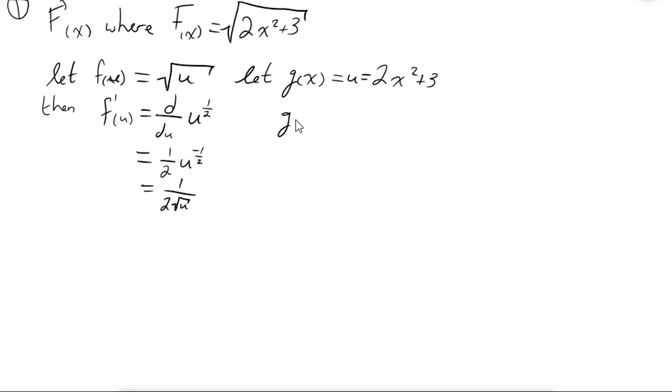And the derivative of g with respect to x, or the derivative of u, is equal to d over dx of 2x squared plus 3, or, remembering our rules, 2 times 2 is 4, x to the 2 minus 1, which is just 1, plus, well, 3 does not have an x next to it, so the derivative of that is 0.